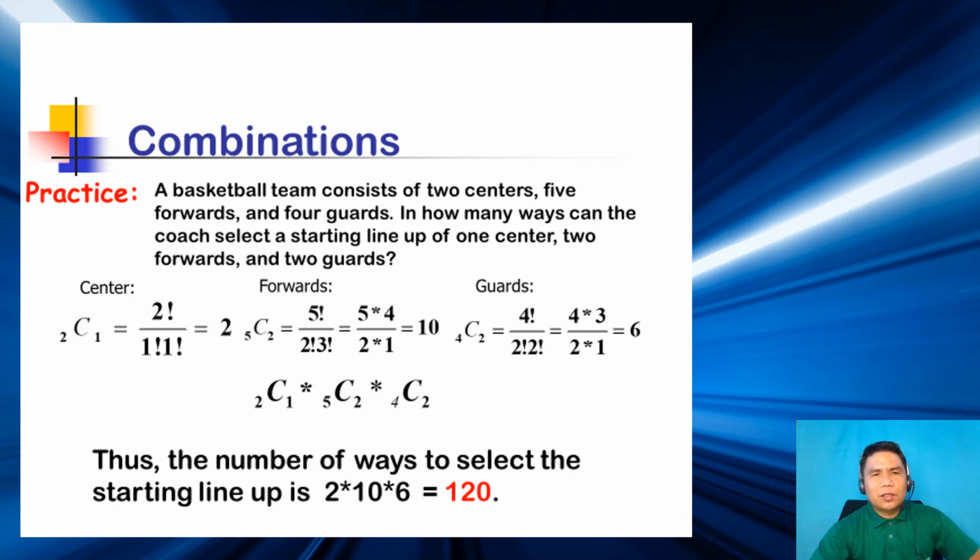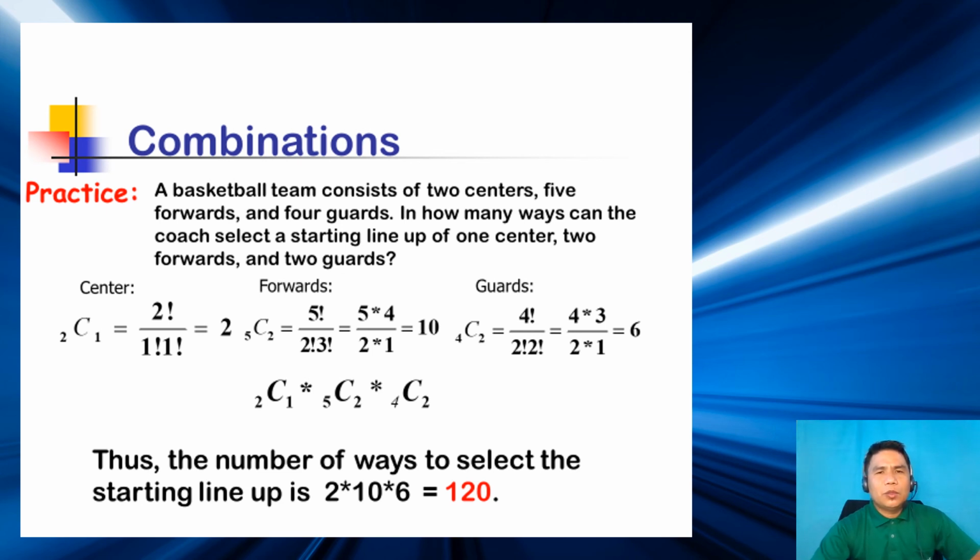So for the center, since you are to choose one from 2 centers, you have the combination of 2 taken 1 at a time. So you have 2 factorial over 1 factorial times 1 factorial. That's equal to 2. For the forwards, you have 5 chosen 2 at a time.